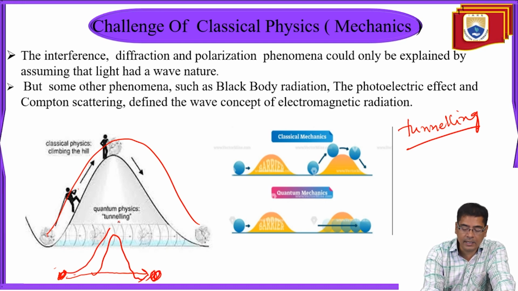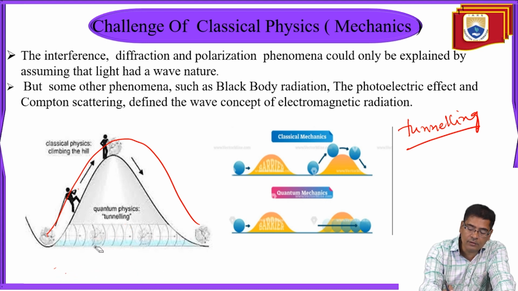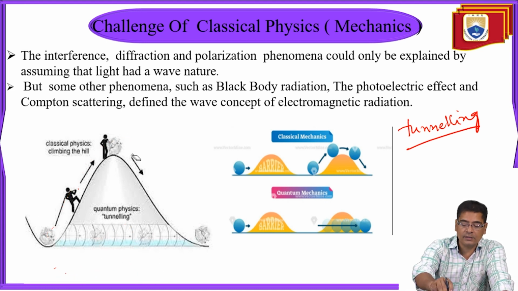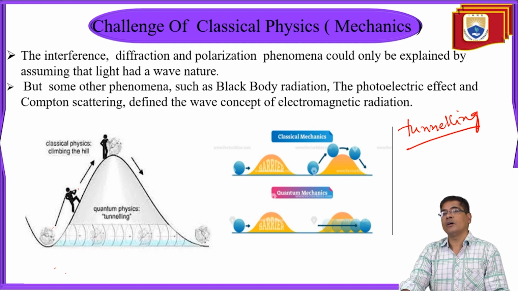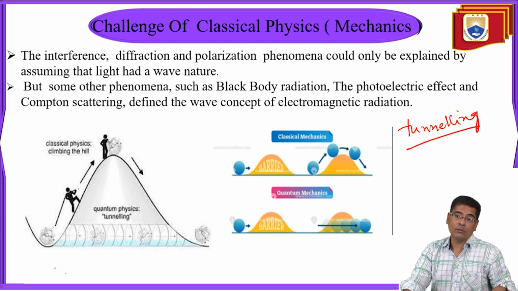Instead of going like this, it reaches here. This is where the logic behind quantum physics exists. So quantum physics requires tunneling; the tunneling phenomenon is a basic, important property of quantum physics.